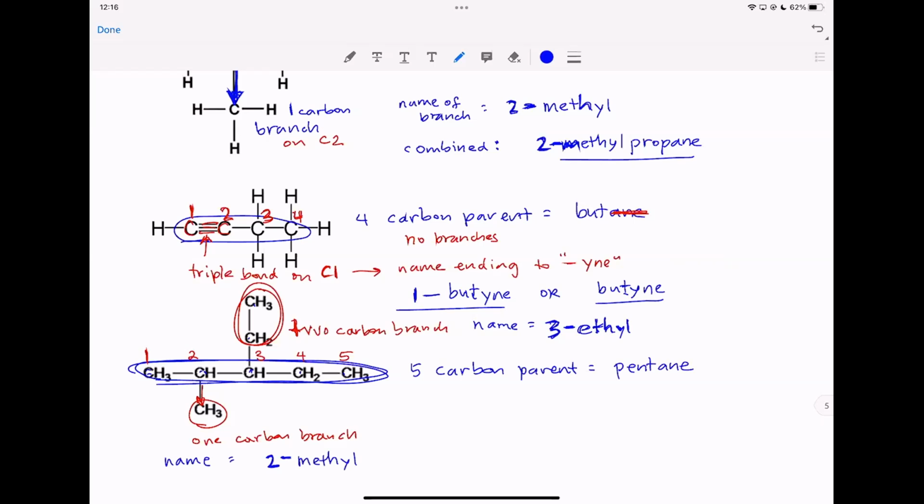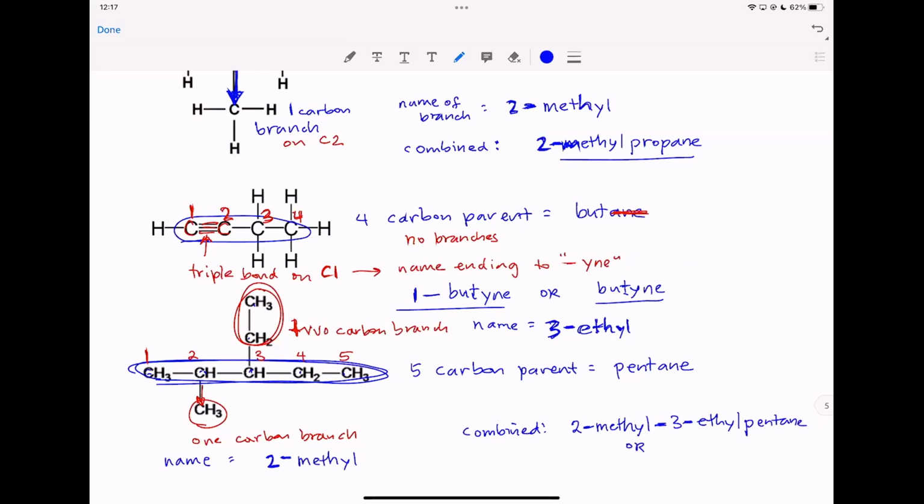So when you have branches, you combine all these. So combined, you would write this 2-methyl, 3-ethyl. Now, why all those dashes? Because when you have a letter and a number, you have to connect those using a dash. But when you have letters connected, you don't need a dash.